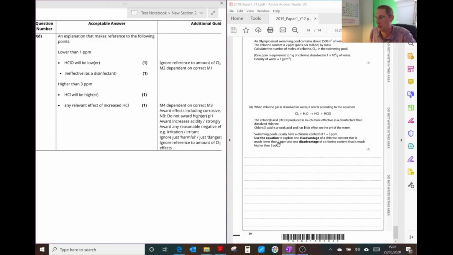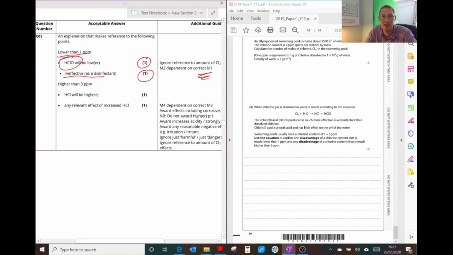Use the equation to give 1 disadvantage of a chlorine content much lower than 1 ppm, 1 disadvantage of a chlorine content much higher than 3 ppm. So if it's too low, then you will have less chloric 1 acid and it won't work as a disinfectant. You had to talk about the right thing in order to get the second mark.